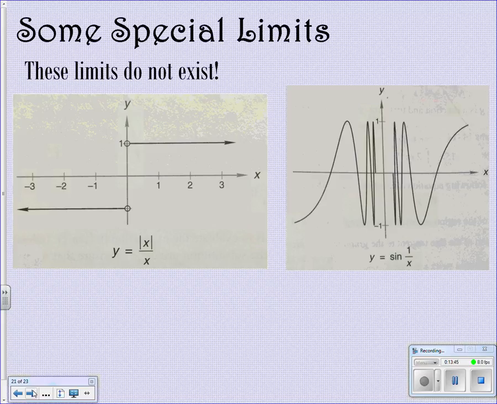So these are two where the limits do not exist. This is one that you just want to memorize that the limit does not exist. You may not be able to use your calculator on the AP exam to just plug it in and look at it. So you need to know that the limit of sine of 1 over x, as x approaches 0, does not exist.